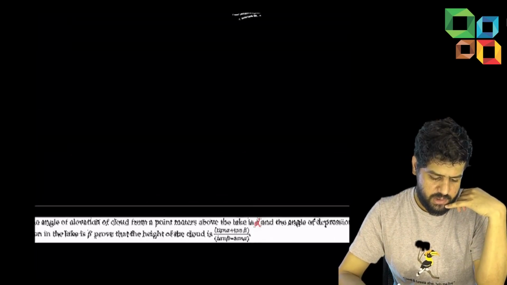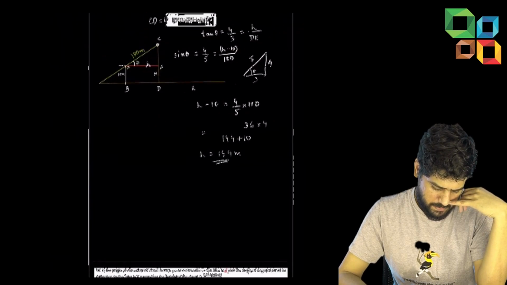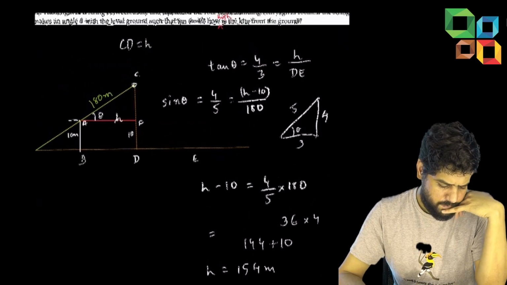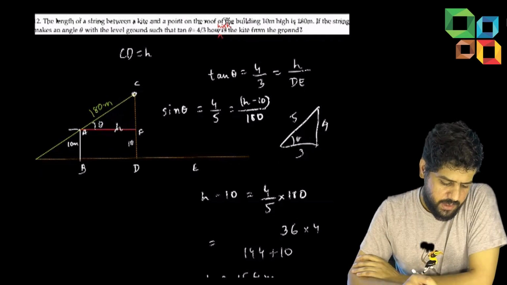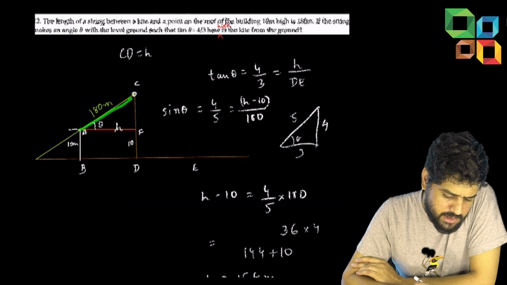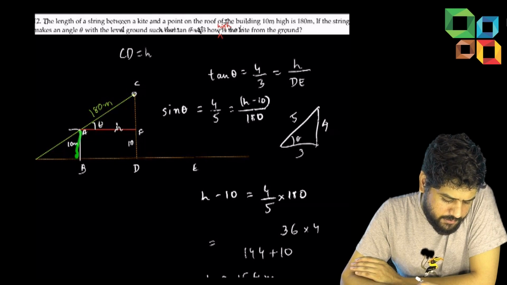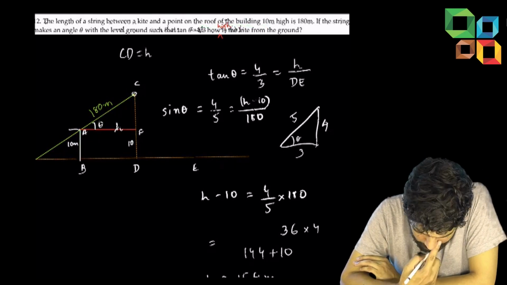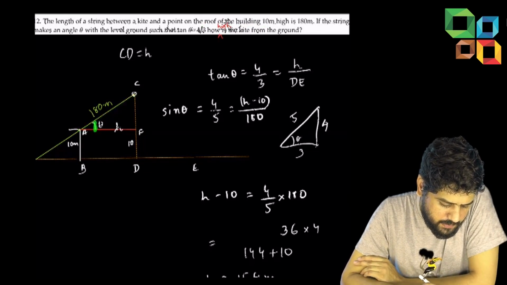You want to see this solution? Let me just show this solution quickly. So basically what we did here: the length of the string between the kite is 180, and the height of the roof is 10 meters above the ground. So this angle is theta.